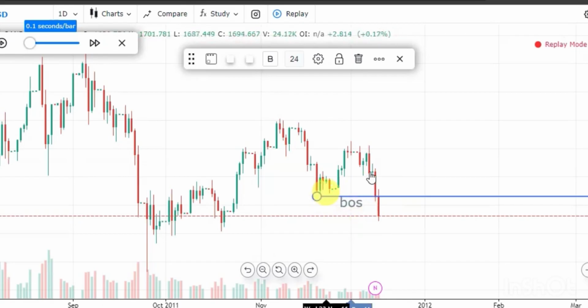Here's the structure right here, and we break the structure, and the candle closes. So here's the structure, and we literally break the structure right there. You can see where the candle breaks this line right here. So basically that's just the break of structure.